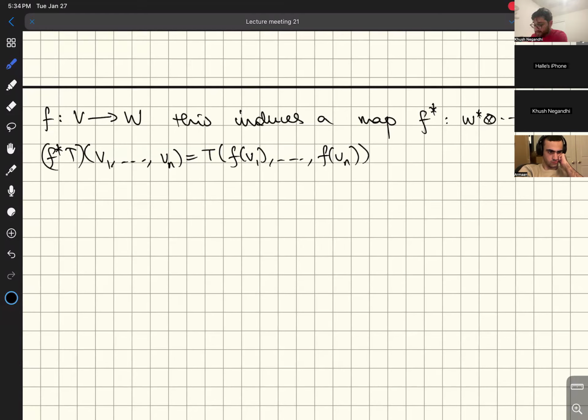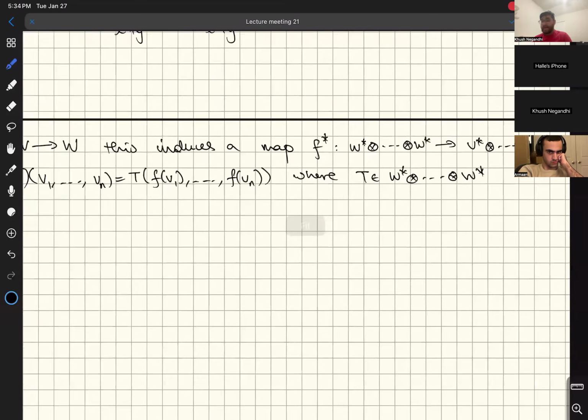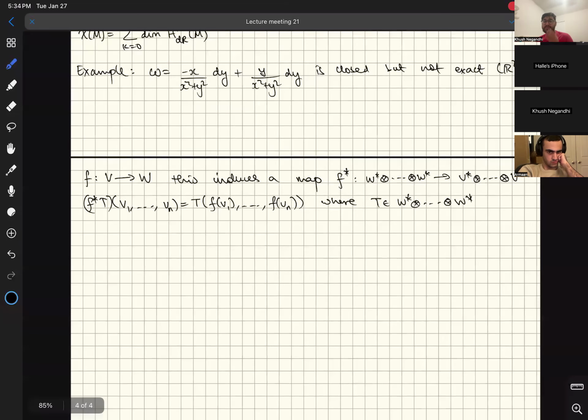So T here is a tensor, and the important thing to note is that we did not require F to be bijective whatsoever. It turns out that when you want to induce such a map not on the dual spaces, you require that the map is invertible.